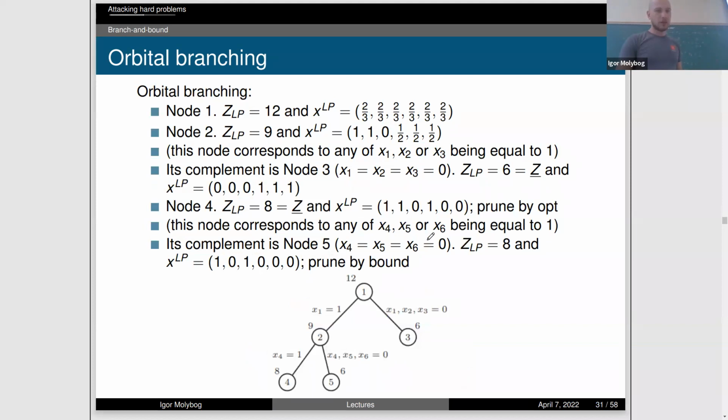In orbital branching, you would exploit the following idea.